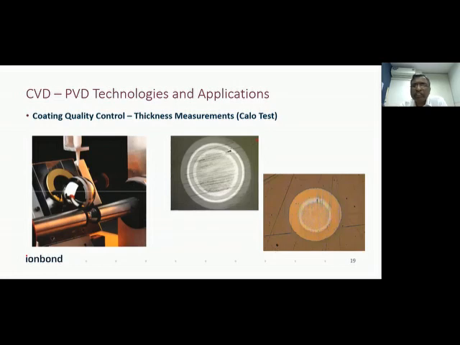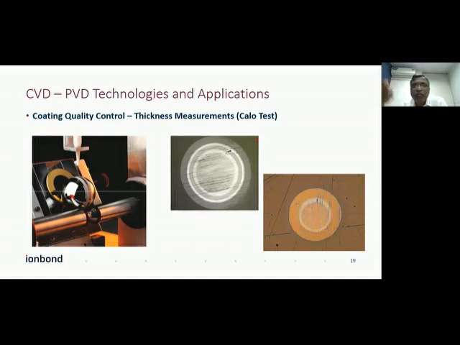All these coatings are very hard coatings, so a very specific instrument is available in the market, called a Calo tester, where we need to physically remove the coating from the surface. After removing the surface with the ball, we get different kinds of circles.